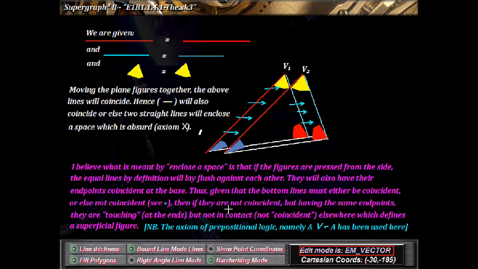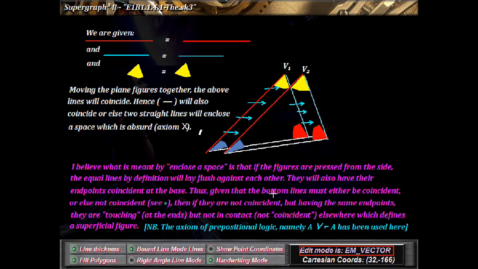And if we suppose that they are not coincident, and also recall that they have the same end point, so they're coincident at the end points, but not coincident in general, then they are touching at the ends, that much we know, but not in contact. Coincident means they're fully flush and in contact at every point.